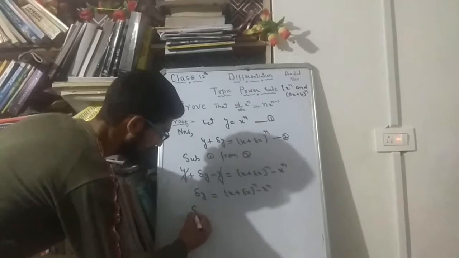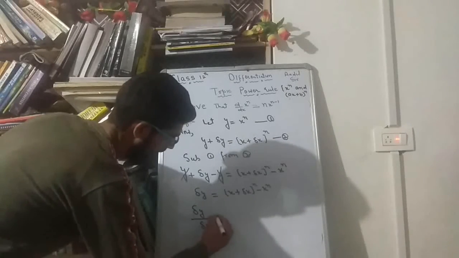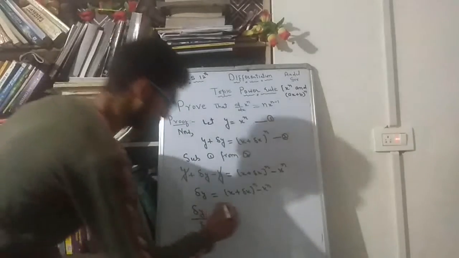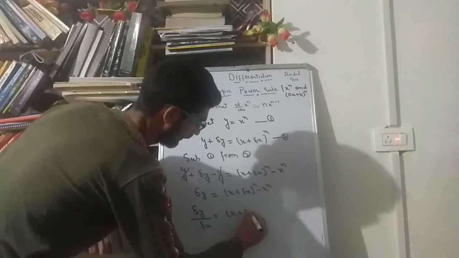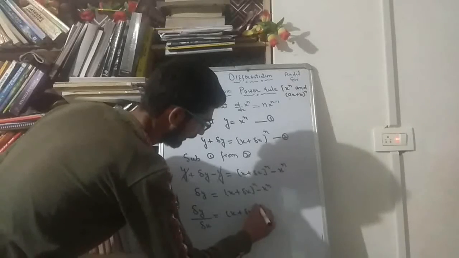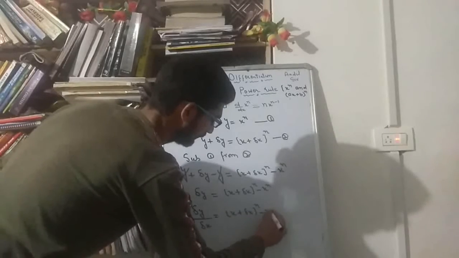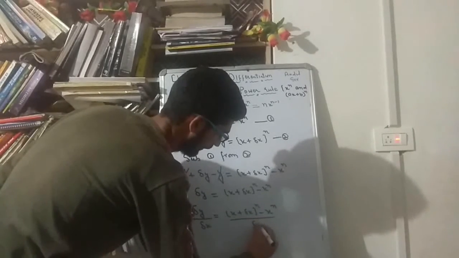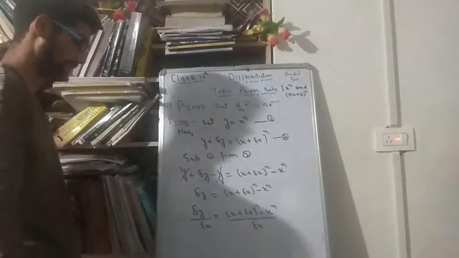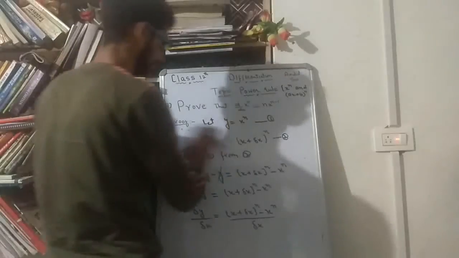It will be del y divided by del x equals ((x plus del x) to the power n minus x^n) divided by del x. So we are now here.